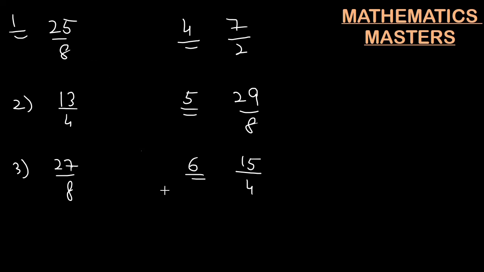So 5 rational numbers are these, between 3 and 4. So that's all for this question.